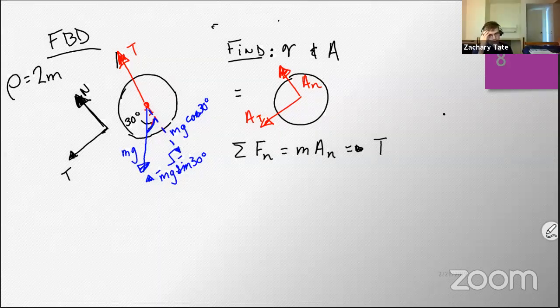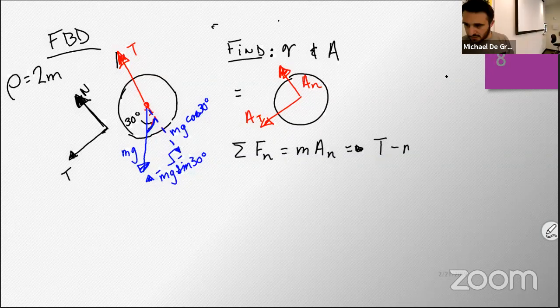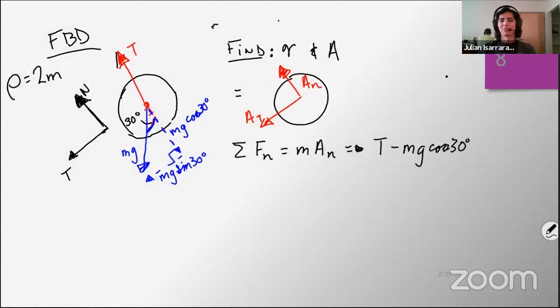Would the mass times gravity of the ball itself count? Yep. Something other than tension. The normal component of the weight, which we've written here as mg cosine 30.